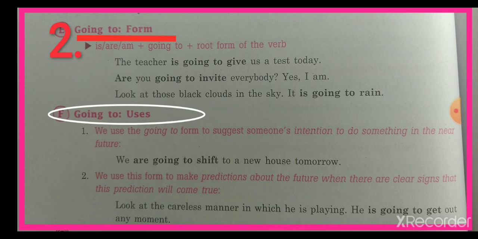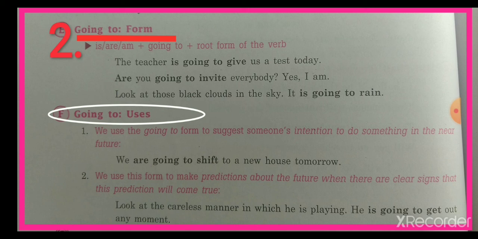Now the next use of going to form: we use this form to make predictions. Sometimes we predict about the future that this may happen, then we can use going to form when there are clear signs that this prediction will come true. Then only you can use going to form.